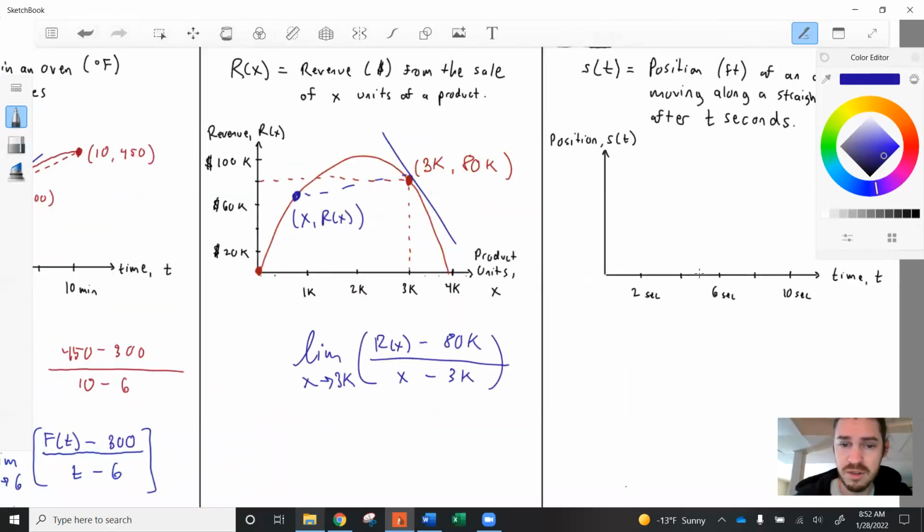In the business context, we call this the marginal revenue at x equals 3000 units. Okay, marginal revenue. That term is used. Again, it's a derivative.